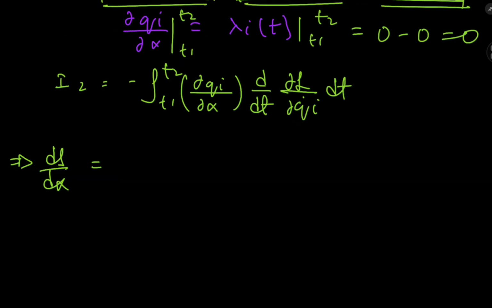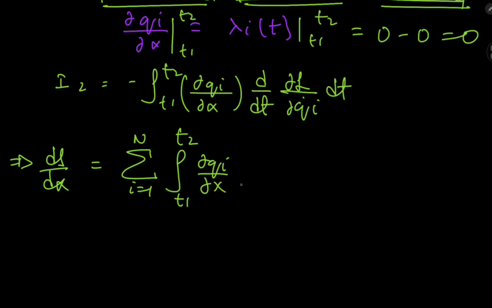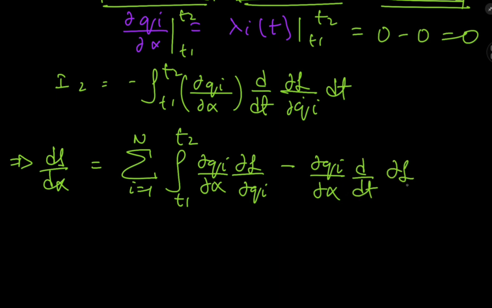Okay. All we have to do now is plug it back into the sum and integral structure. So we have the sum from i equals 1 to n of the integrals from t1 to t2 of partial q_i by partial alpha times partial L by partial q_i minus now partial q_i by partial alpha times the time derivative of partial L by partial q dot i.